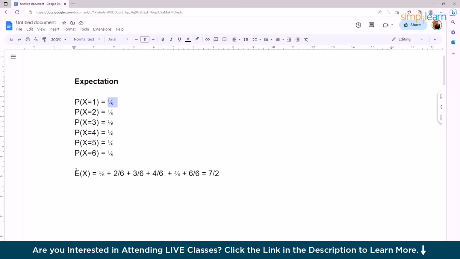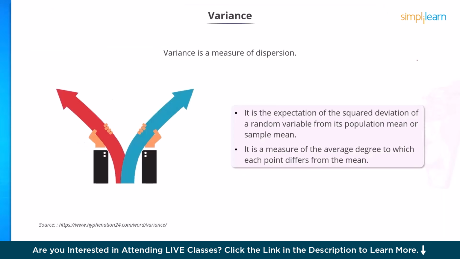So the expectation is going to be 1 multiplied by 1 by 6, plus 2 by 6, plus 3 by 6, plus 4 by 6, plus 5 by 6, plus 6 by 6, and that gives us 3.5 as an output. The expected value is 3.5. If you think about it, 3.5 is halfway between the possible values that x can take, and this is what we should have expected.